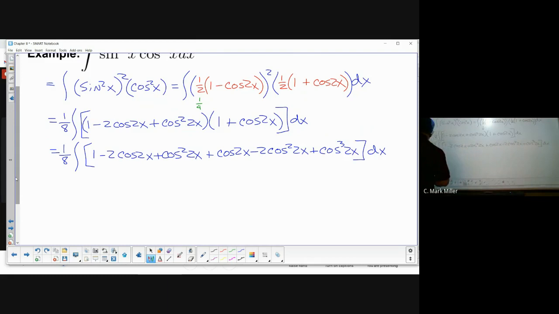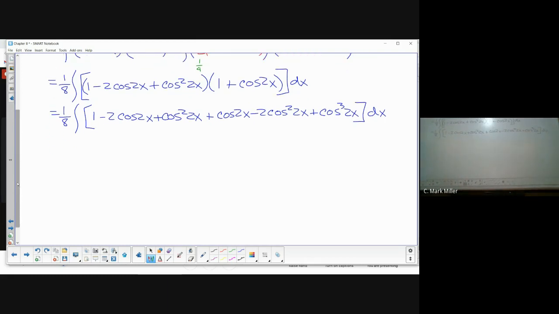All right, so let's combine some of these. Cosine minus cosine, minus 2 cosine 2x, and we have a cosine 2x here. Those two can combine. One stays 1. Minus 2 cosine 2x plus cosine 2x is minus cosine 2x.